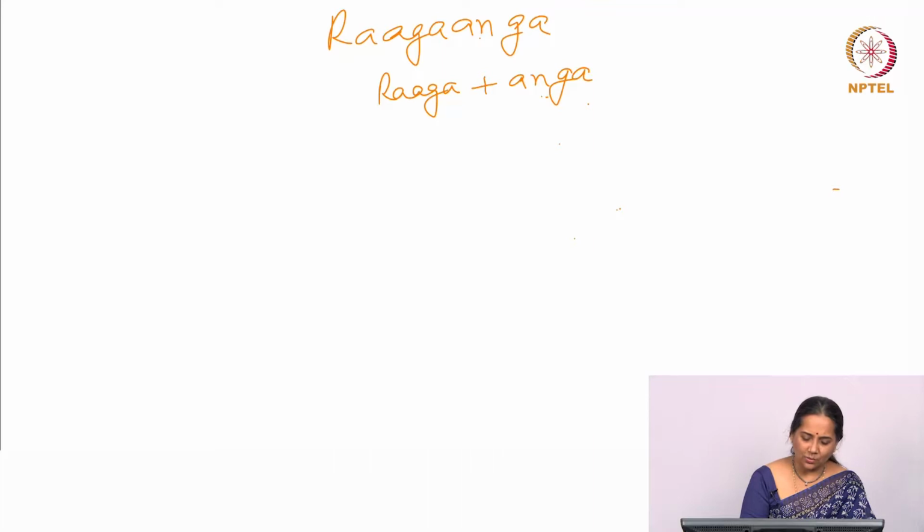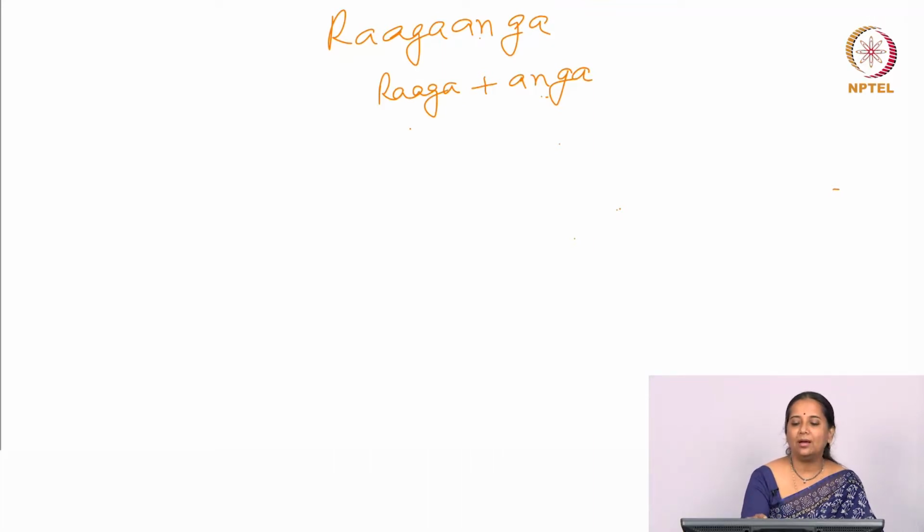So we will talk about the Raagaanga Paddhati, the Raagaanga system of classification of ragas in this video. Now this Raagaanga Paddhati finds more traction among musicians themselves. What is Raagaanga? Raagaanga is a word derived from Raga plus Anga.